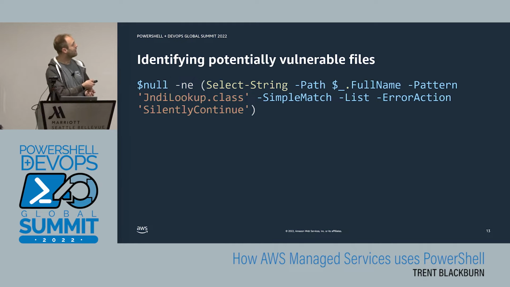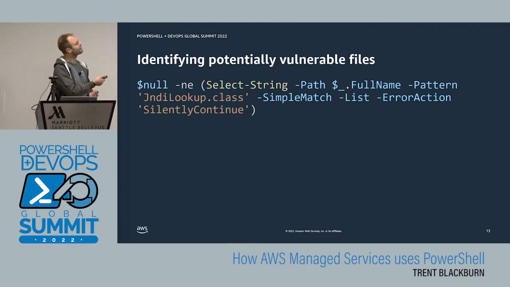So we've specified the path as we've piped down. The pattern that we look for here can be either a regular expression or a plain text expression. Here we've done it as plain text, and the way we specify that is SimpleMatch. That says don't do regular expression, and that'll make it a lot faster if we're not needing to do regular expression evaluation.